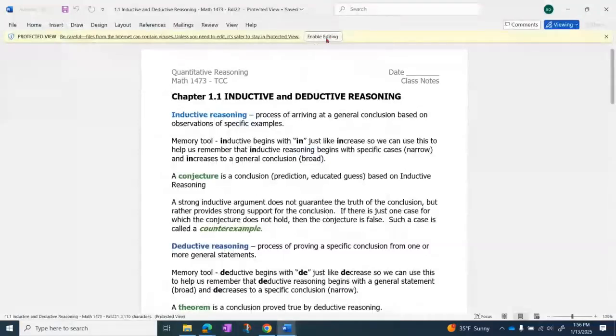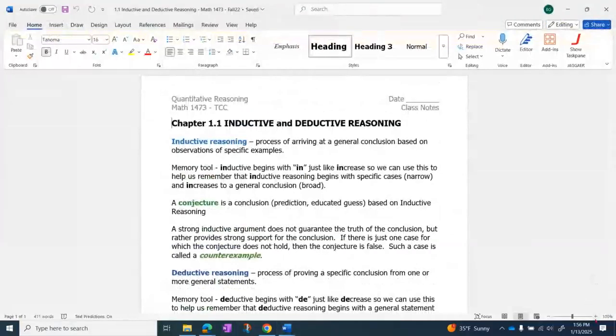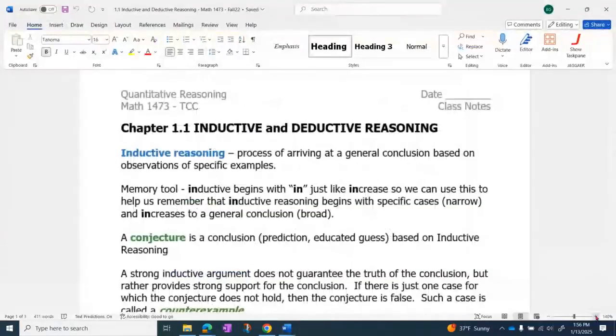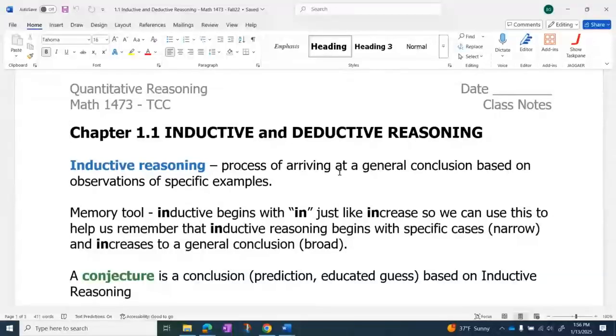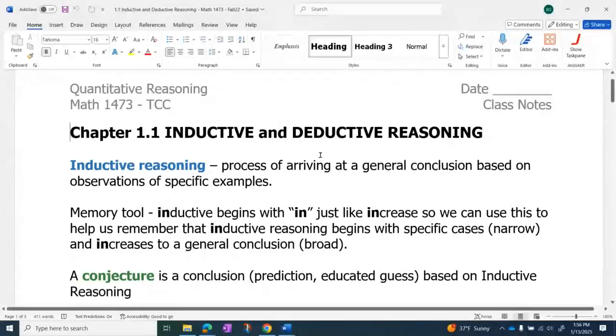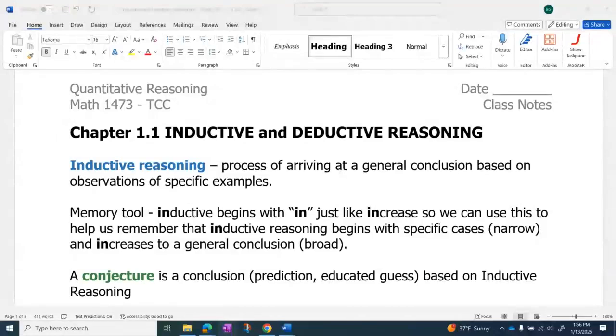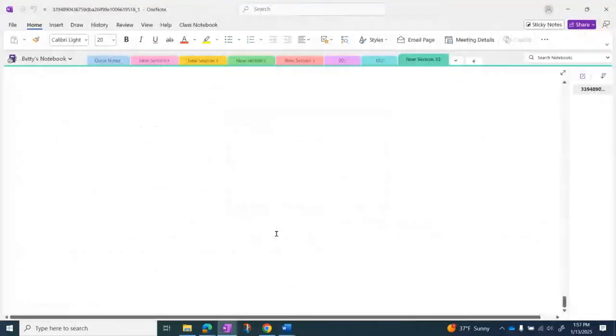Okay, guys, are you ready to learn some mathematics? Actually, this part is reasoning. Yeah, reasoning is important in mathematics. Based on the syllabus, today we are going to cover section 1.1.